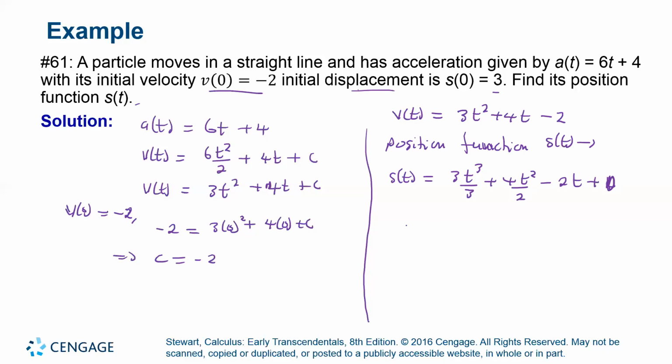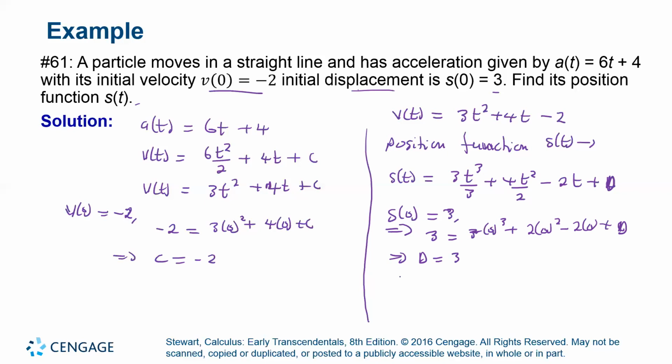Okay, it's a constant. But we are given this initial condition, s of 0 is equal to 3, which means we have 3 when time is 0. That gives us 3 equal to 0 cubed plus 2 times 0 squared minus 2 times 0 plus d. Now, if everything is 0, that means your d is equal to 3.